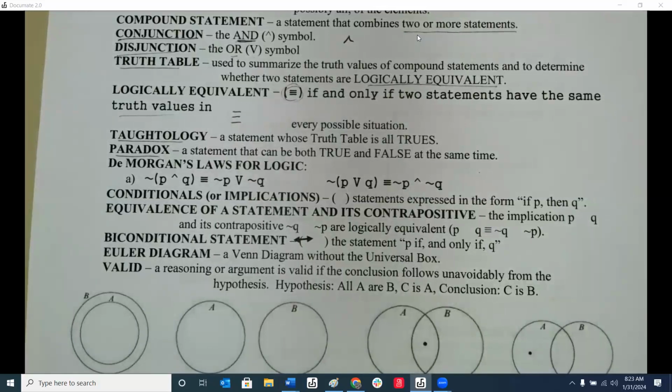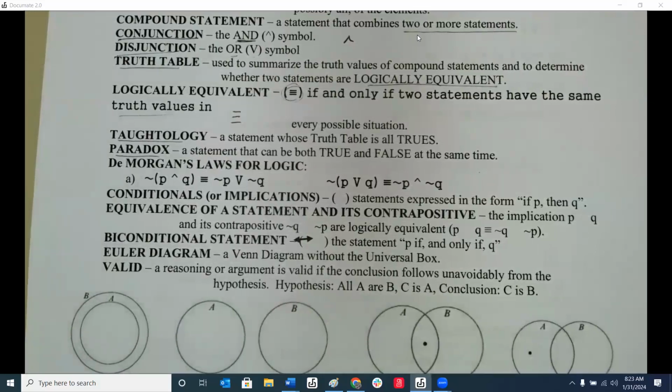So give me a paradox. How do you mean? Yeah, but give me an example. You're just restating the definition. But that's not a paradox.